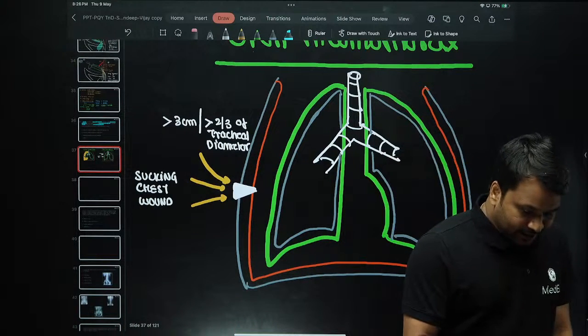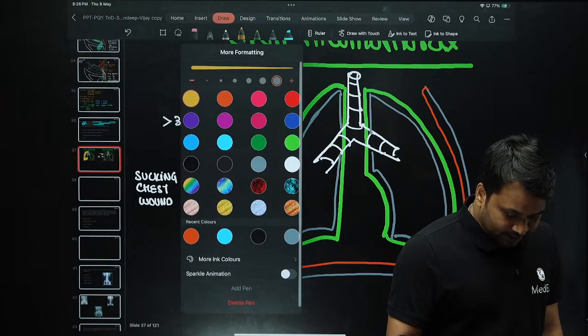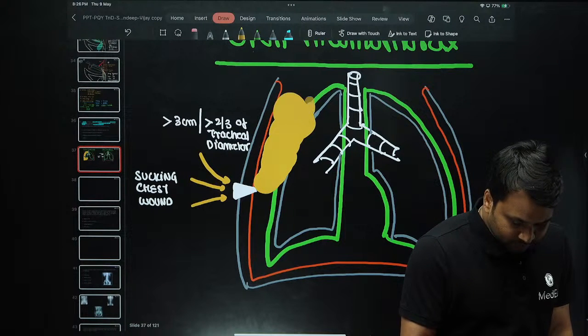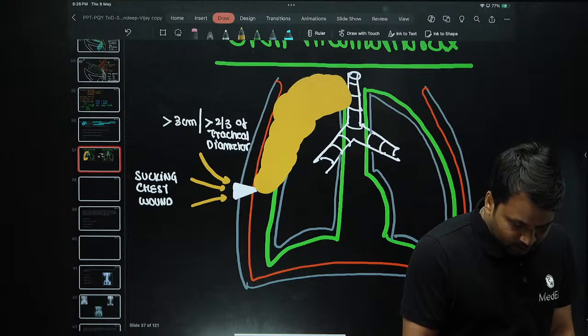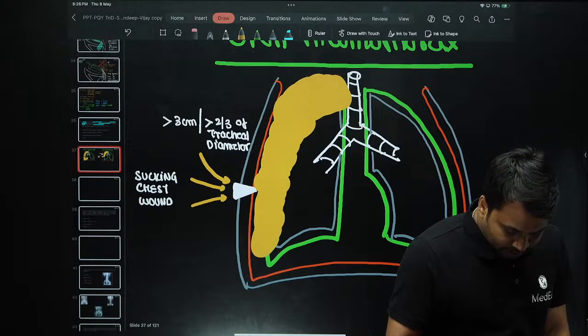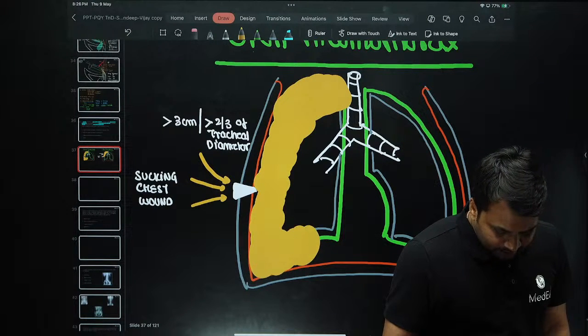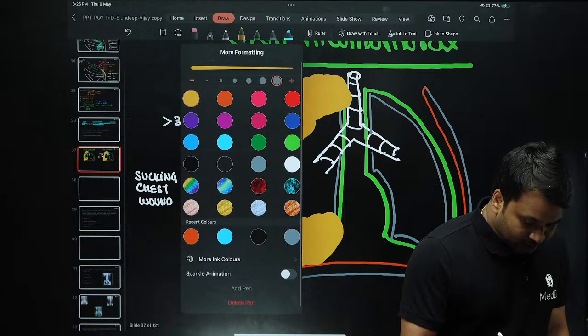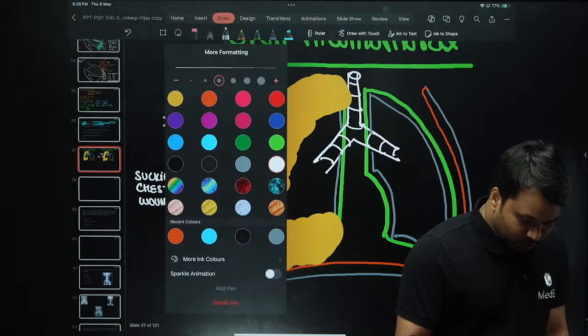Now, as the air moves in, you see that this air is going to fill up the entire thoracic cavity. Whatever happened in the tension pneumothorax, the same thing is going to happen, but the process is slightly different, right?